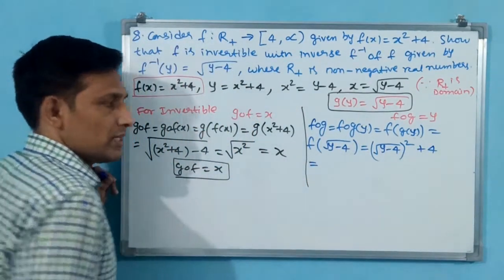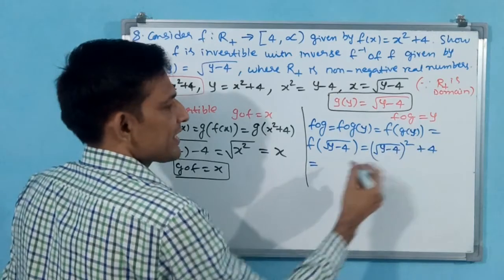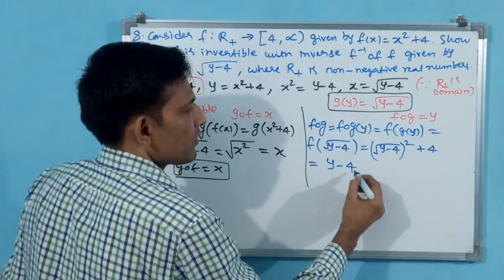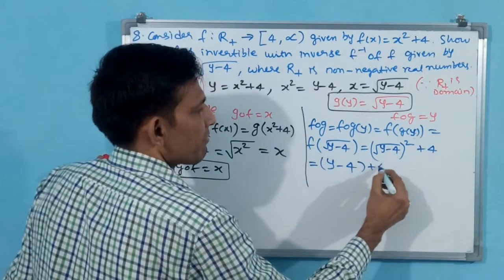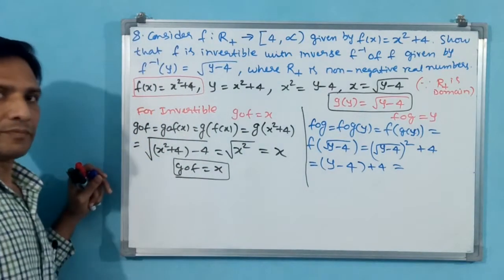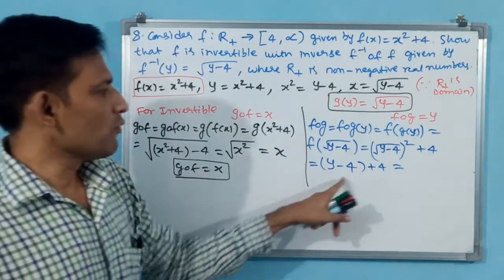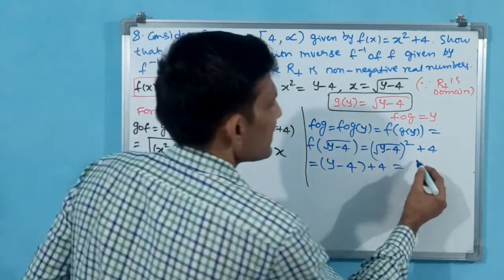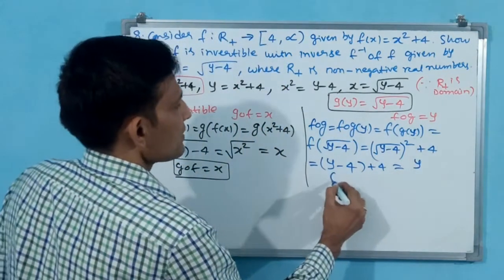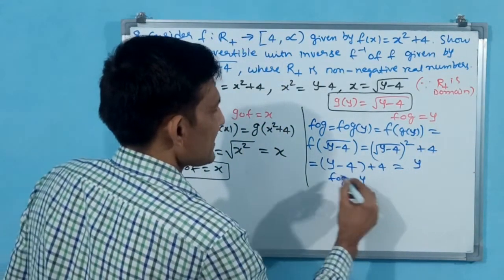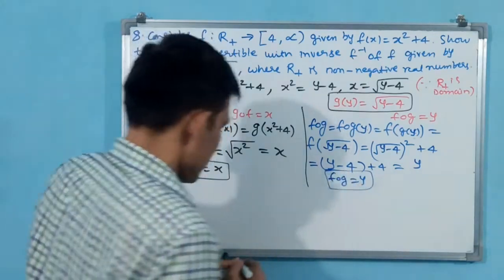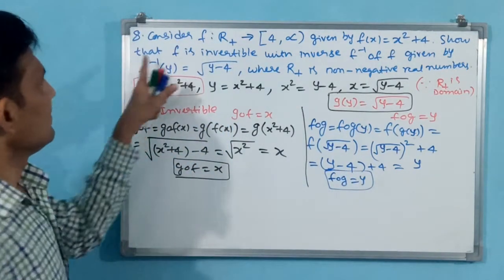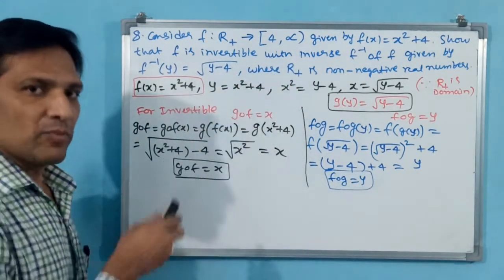Square root and square get cancelled, so y minus 4 plus 4. If you open the bracket, minus 4 plus 4 get cancelled, so FOG also is y. Now you write, show that this is invertible, like he is telling.